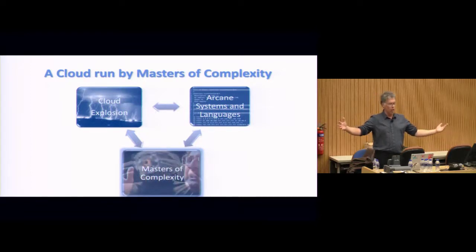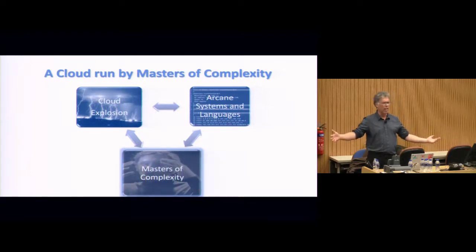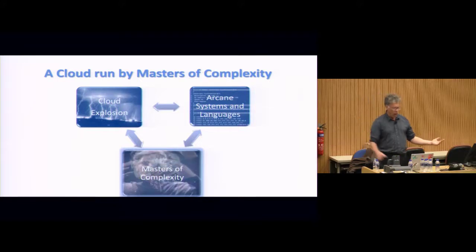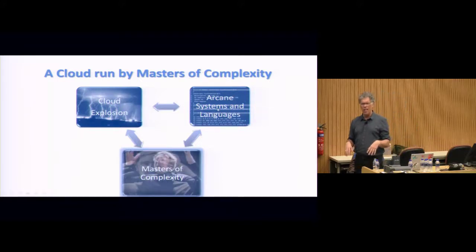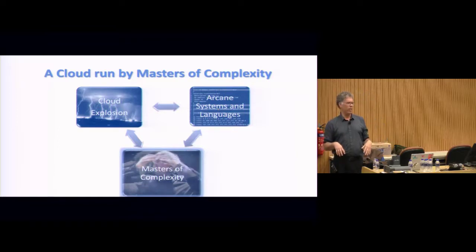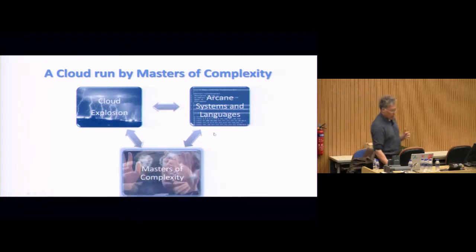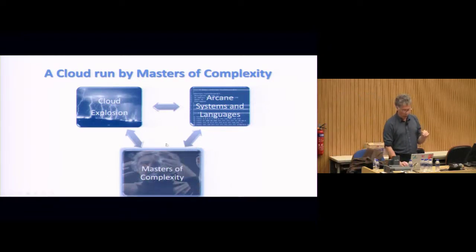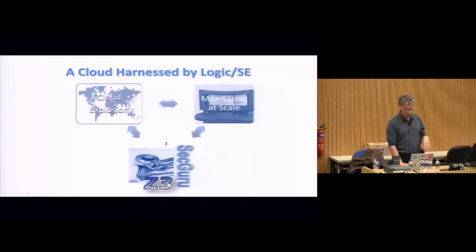Each data center, think about how many routers are in that data center that have to be configured. And in the upper right, these arcane ways that you have to program these routers. It's very low level, like machine language or assembly language. The people who keep this cloud growing, Nikolai terms them masters of complexity.